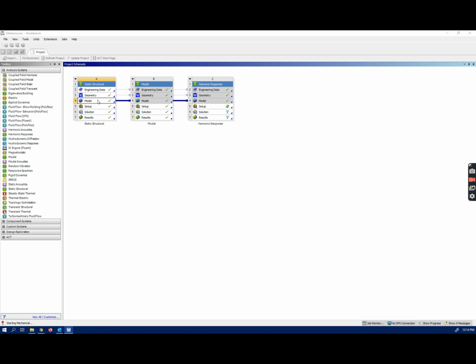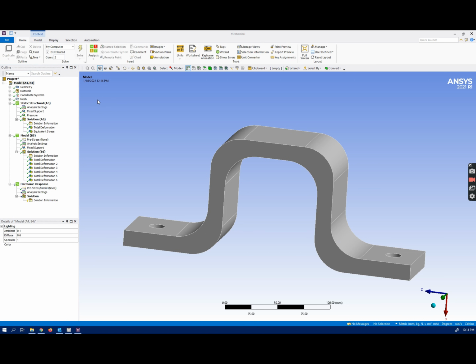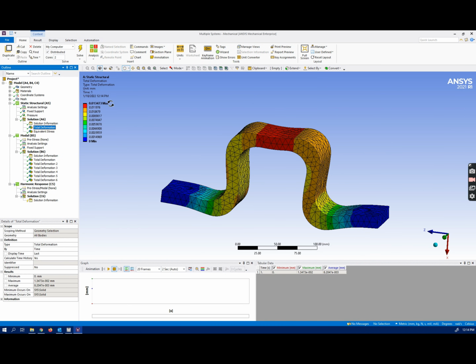So up to now, I know from the static structure analysis what type of deformation I have, 0.01 millimeter. If we don't have any vibration, this is the maximum deformation I could have.